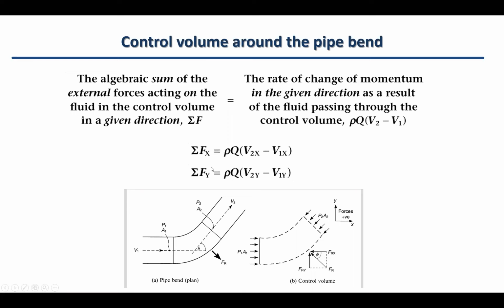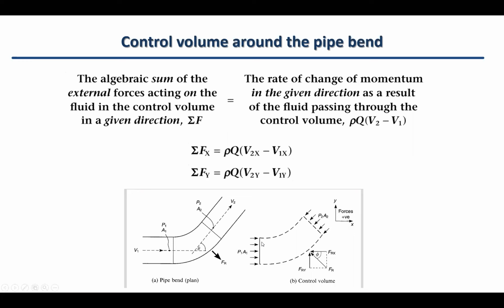And the same you can write for the algebraic forces in the y direction. Algebraic forces means that, if you assume this xy direction here, forces applied to the right hand side are positive, the upside for the y direction is positive, the downside is negative for y, and the left hand side is negative for the x direction.